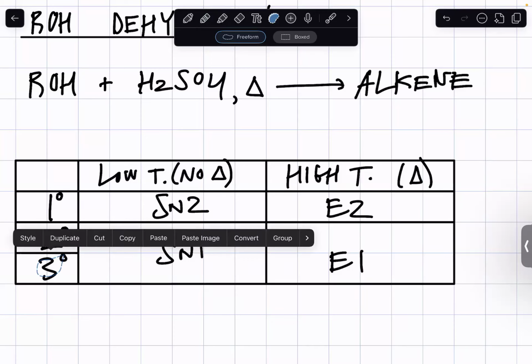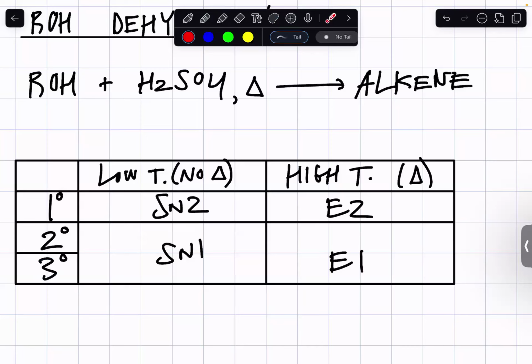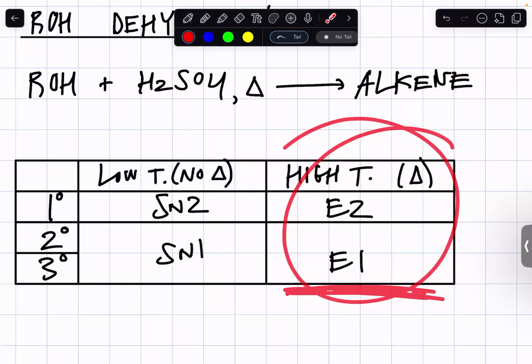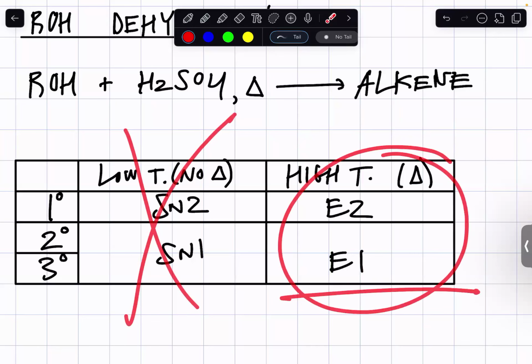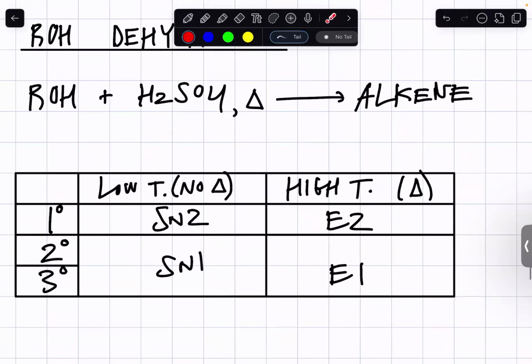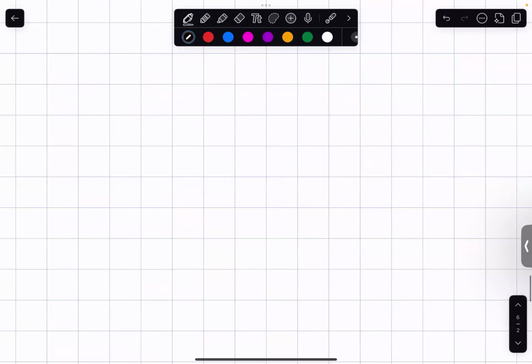Okay. So we're going to focus mainly on this column over here because this is more for 118A and this is more for 118B right here. And I'm going to show you different examples.